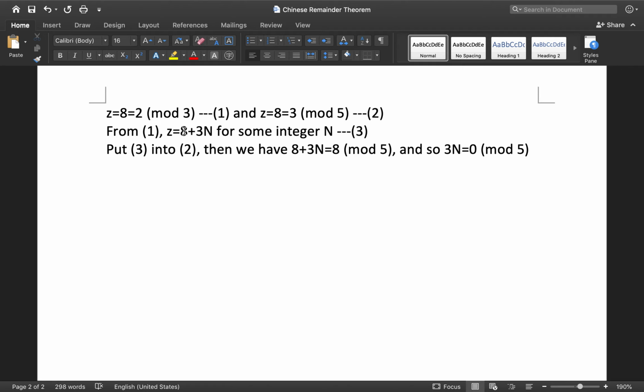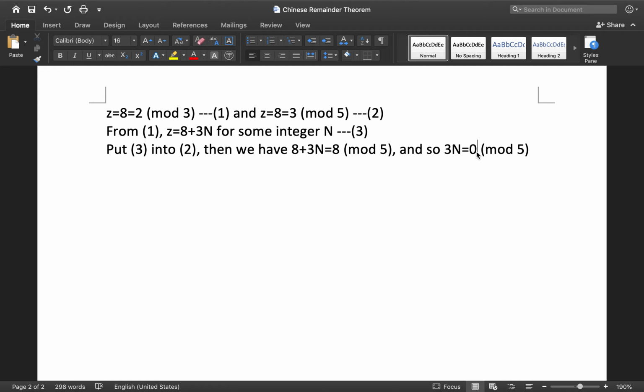Actually, you see, that x is sort of not that important, because remember that it is just a particular solution, just one solution. Anyway, now this is more important: 3n has to be congruent to 0 modulo 5. Now think about it.